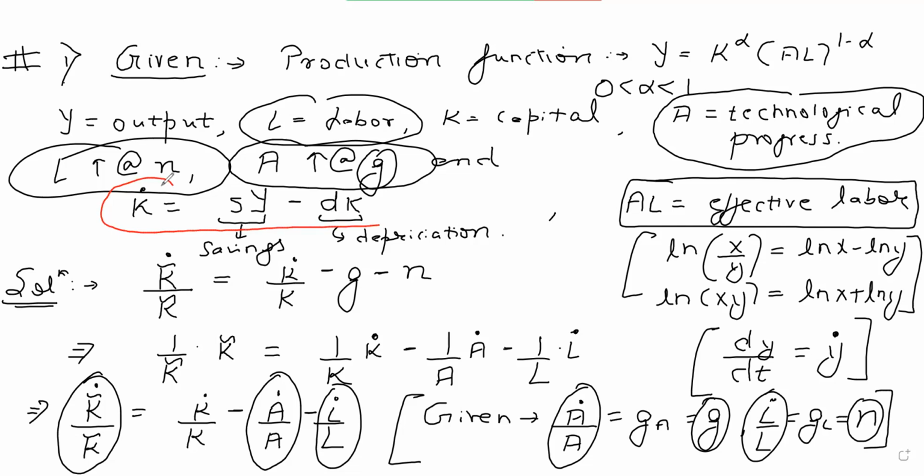K dot is sY minus dK. So can I plug this here? Let's see what we get.